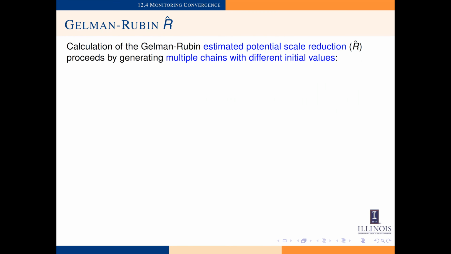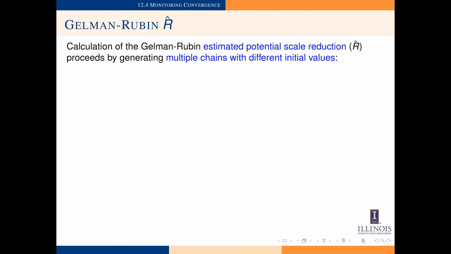So the idea is as follows. You are going to generate multiple chains, multiple MH or multiple Gibbs chains, each with different starting values. Ideally, the starting values should be far enough apart so that each of them starts at a really different place.